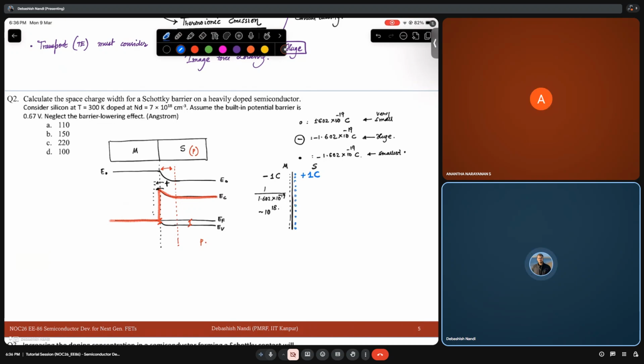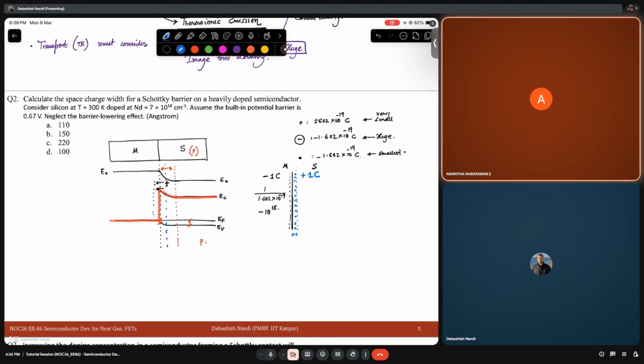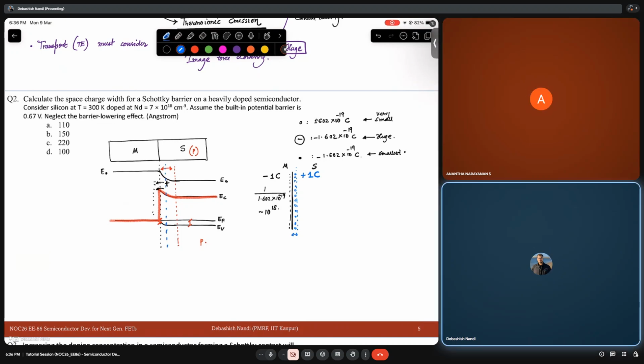So this region in which the bands will bend will be smaller. Now let's say I had 1 coulomb positive charge here and 1 coulomb negative charge here. Then this many positive charges are present inside the metal.